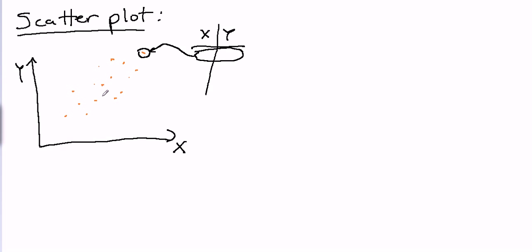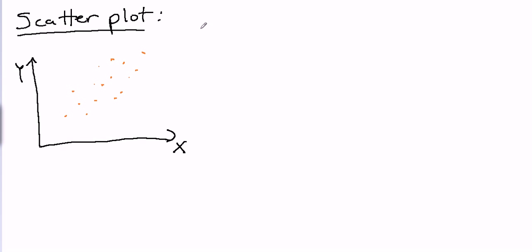So you can guess how many points we're going to have. If we have n rows, we're going to end up with n points, one for each of these observations. So if you go through the points and count them, you'll know what the sample size is.